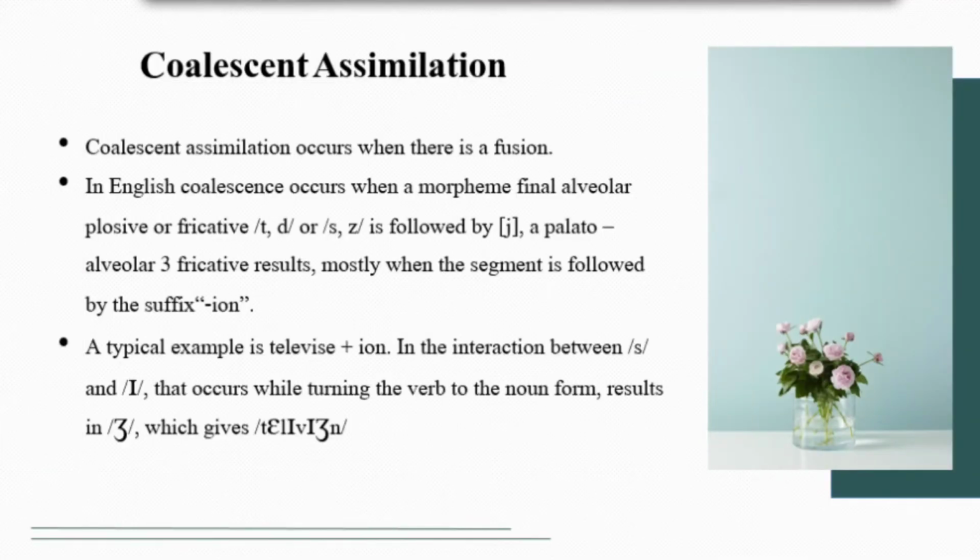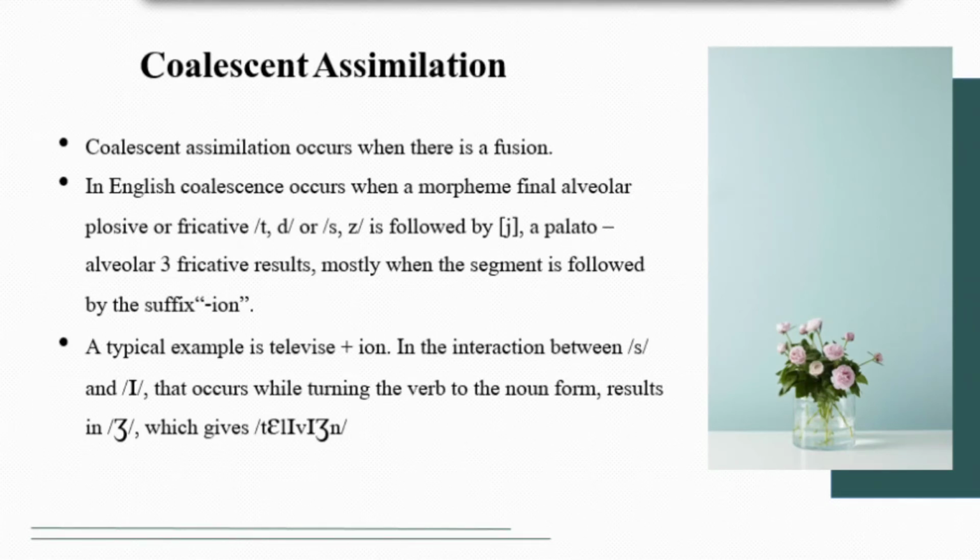The last type of manner of assimilation is coalescence assimilation. Coalescence assimilation occurs when there is a fusion. In English, coalescence occurs when a morpheme-final alveolar plosive or fricative, t, or s, z, is followed by y.